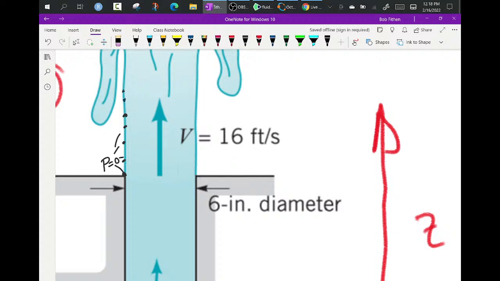So you have the same thing here. So the pressure is 0 all the way up here.